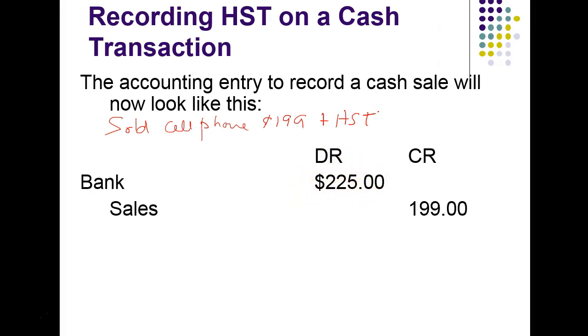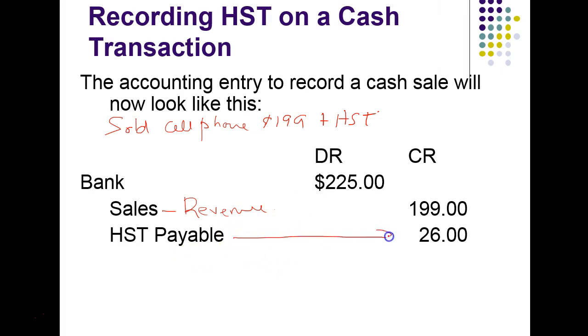So the business is going to debit their bank account $225 because that's what they collected from the customer. They're going to credit their sales or revenue account, whatever it is called, and then credit HST payable for the HST amount.